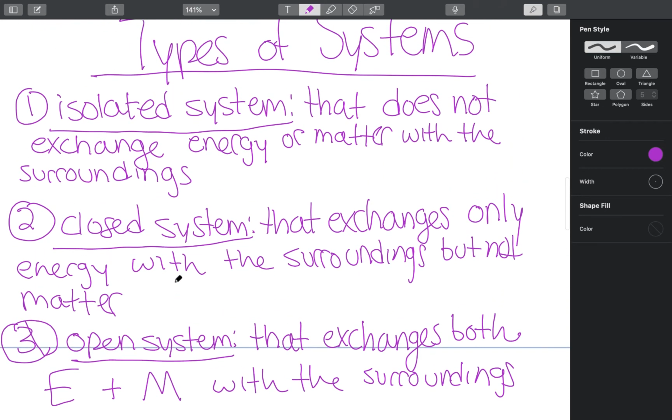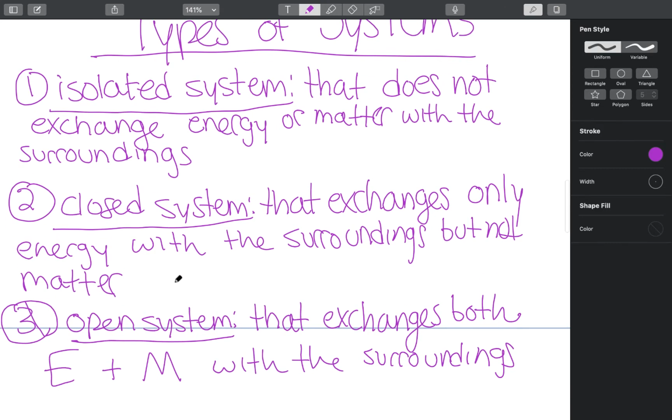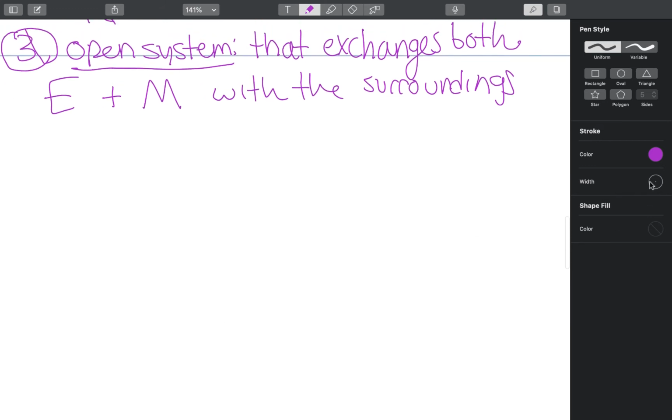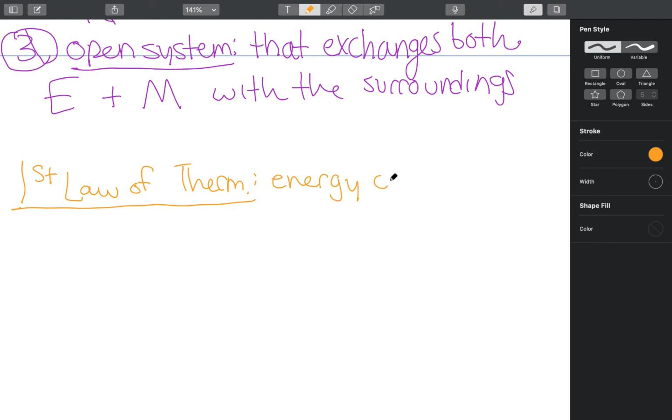Okay, so now that we know what systems are and surroundings and internal energy is, let's define the first law of thermodynamics. So the first law of thermodynamics states this, that energy cannot be created or destroyed.